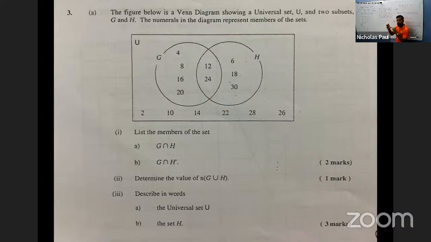So again, the total number of elements. And you have described the last two. What is it that you represent?